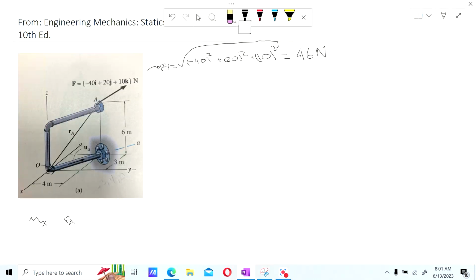This is equal to RA cross F, the vector, but the condition is that this has to be dotted with I. And I is very simple. I is the vector that goes through 1, 0, 0.